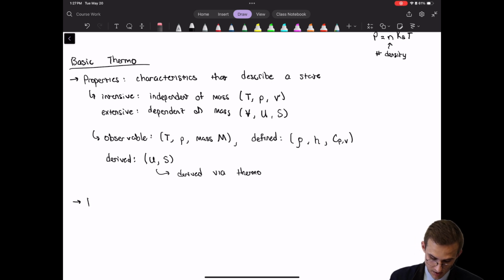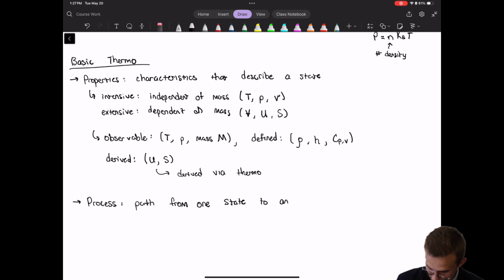There's also this notion of a thermodynamic process, which is the path from one state to another.